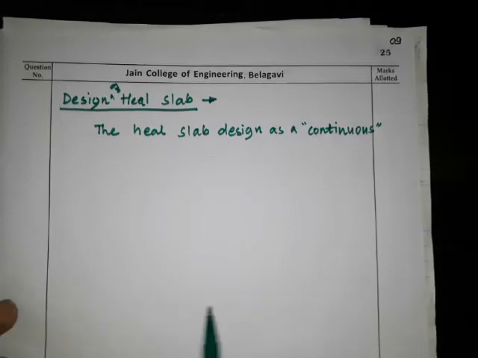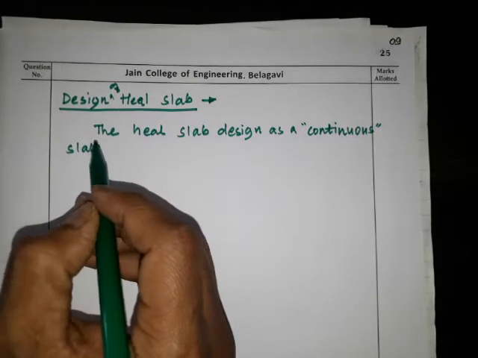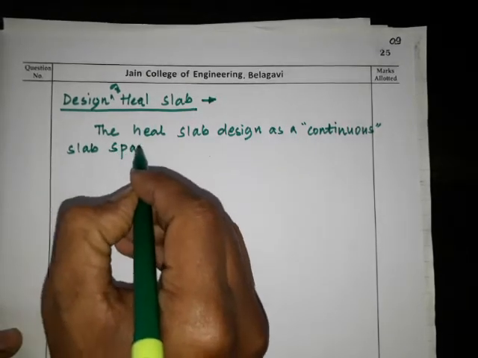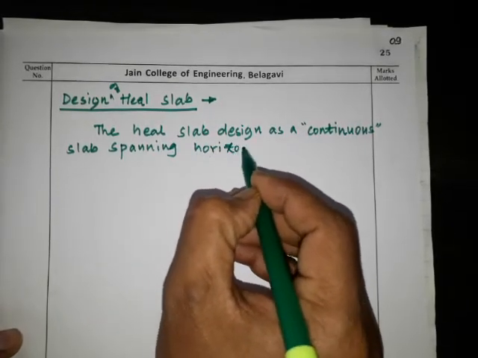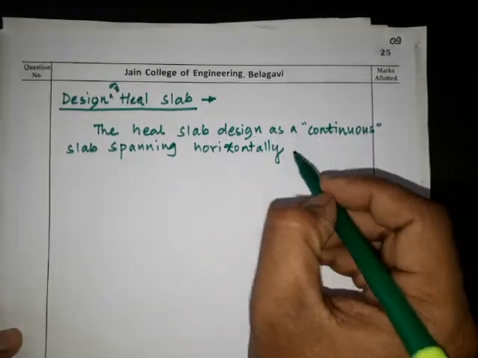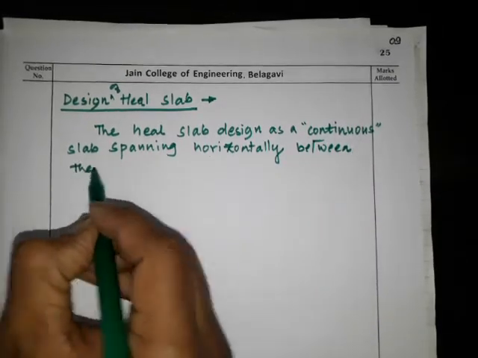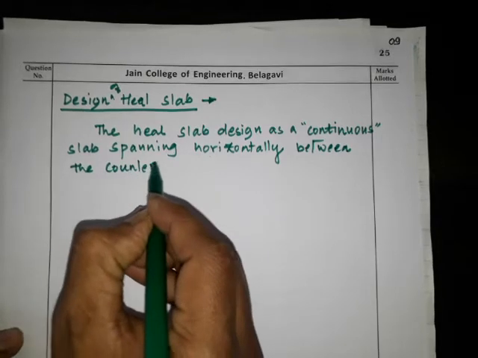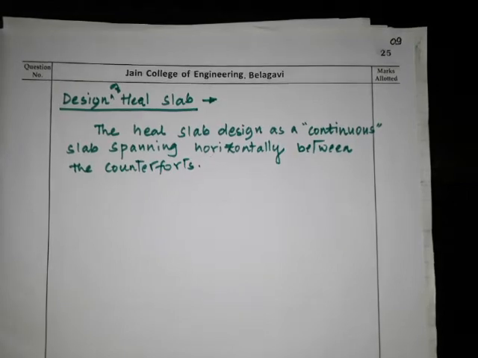The heel slab is designed as a continuous slab spanning horizontally between the counterforts. So we have to design the heel slab as a continuous slab spanning between the counterforts.